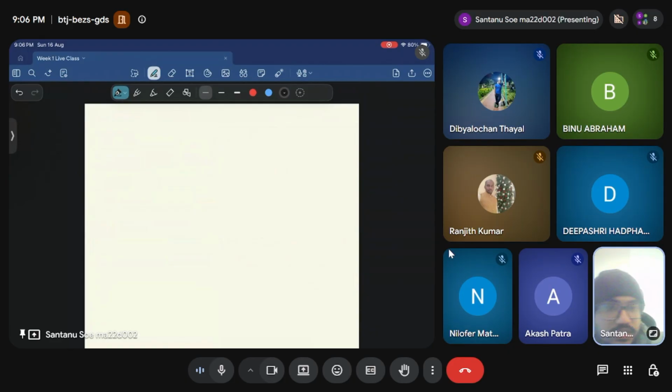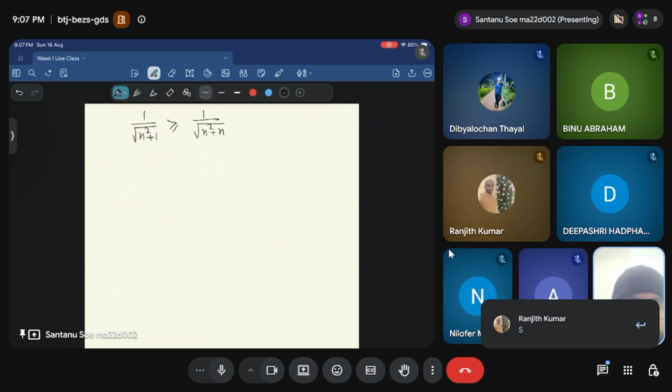So one thing to notice in the beginning is that this holds as long as n is greater than 1.